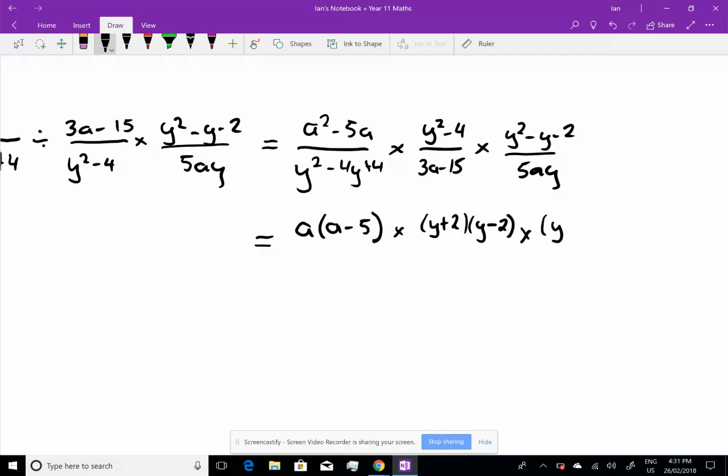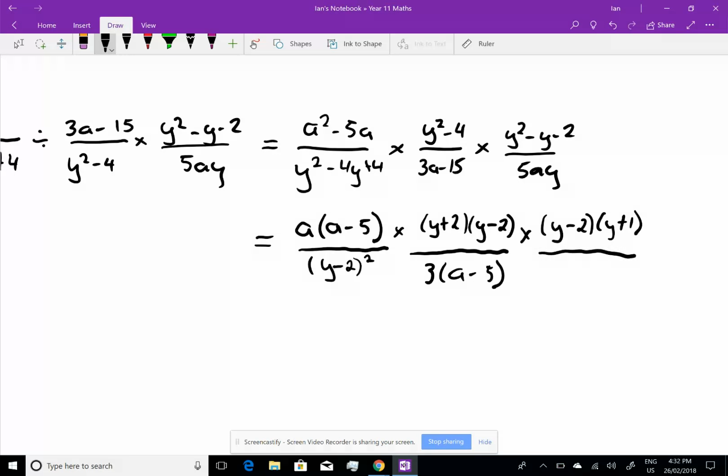Well, I reckon it's going to be y minus 2, y plus 1. Now along the bottom, here I've got another quadratic, and it's a perfect square. It's y minus 2 all squared. Right, multiplies out to 4. Okay. Let's take the 3 out of this, and I'll get a minus 5. And that's 5ay. I can't do anything with that.